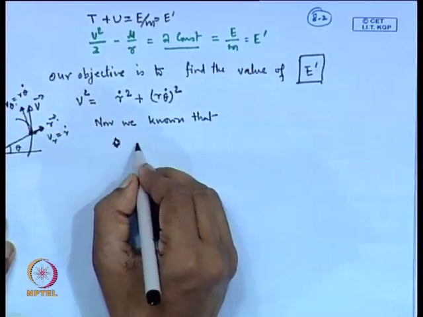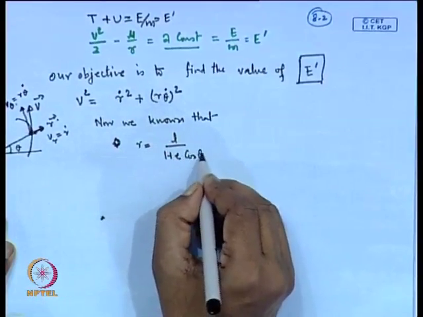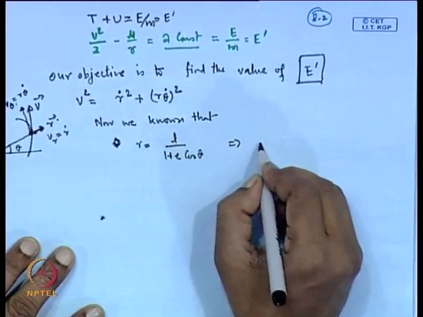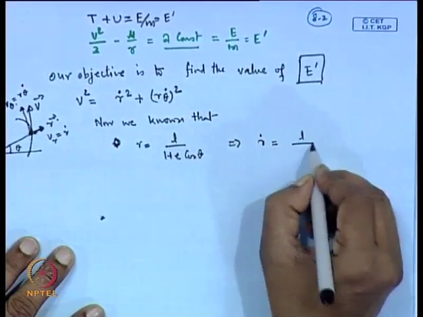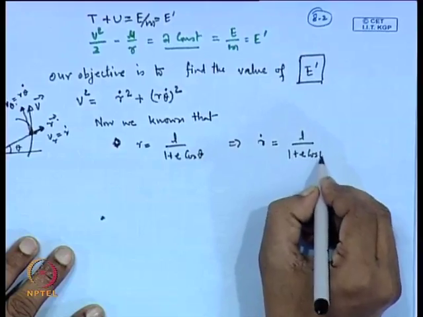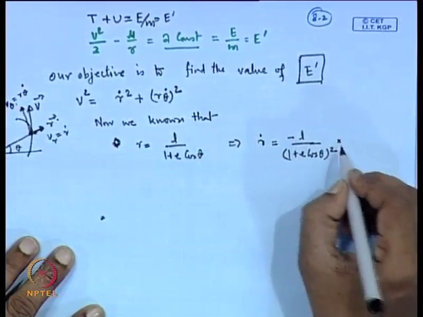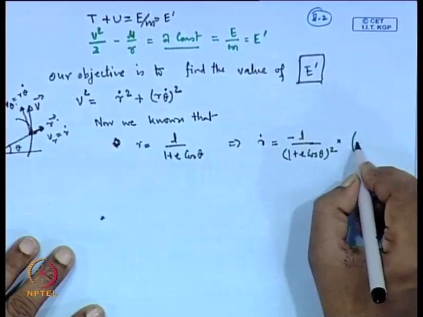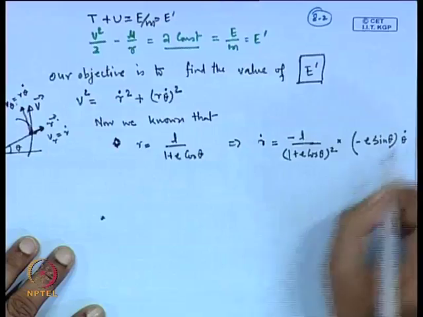r is equal to L by 1 plus E cos theta. This implies r dot is equal to L by 1 plus E cos theta whole square, with a minus sign we put here, and then differentiating this gives minus E sin theta into theta dot.